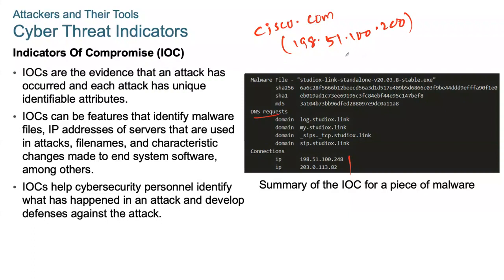If I have the domain name which I know is cisco.com, but the IP address is, suppose, 200.15.17.200. See, both look the same. Both domain names look the same, but their IP addresses are different here.